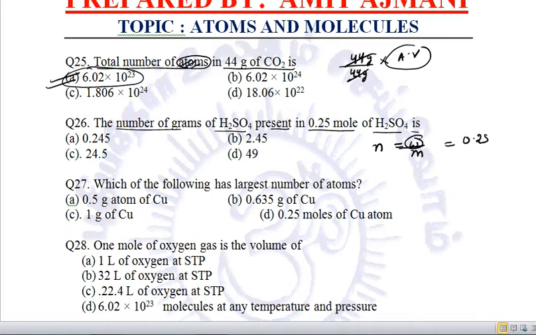So this is 0.25, multiplied by the gram molecular mass of sulfuric acid.